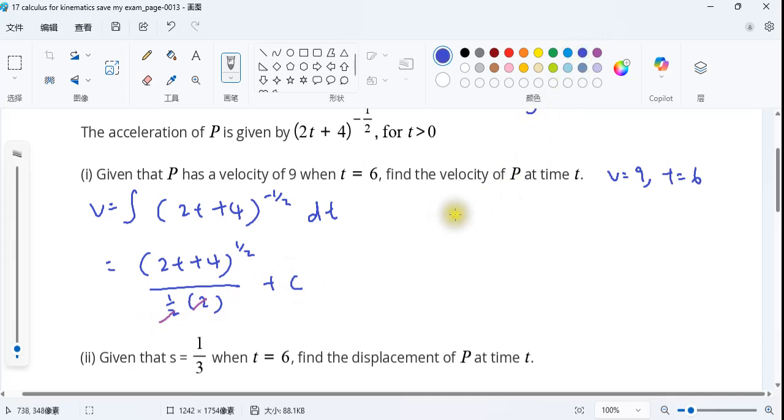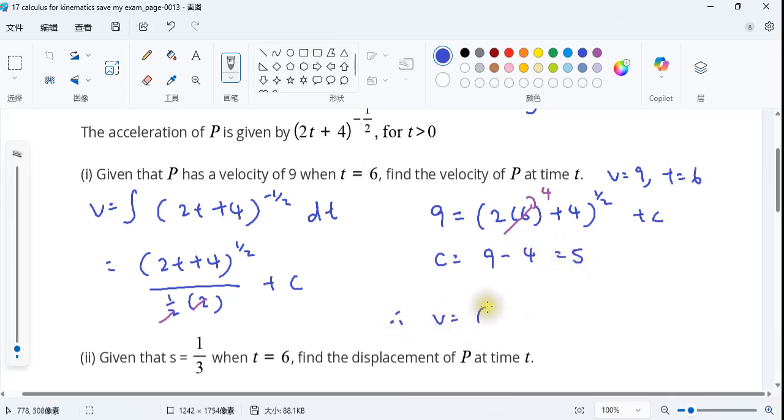So when t equal to 6, v equal to 9. So 2 times 6 plus 4 to the power half plus c, 16. Then square root of 16 is 4. So c is 9 minus 4, 5. So v will be 2t plus 4 to the power half plus 5.